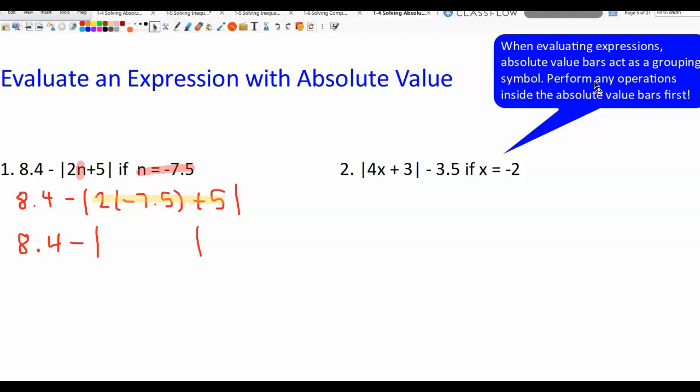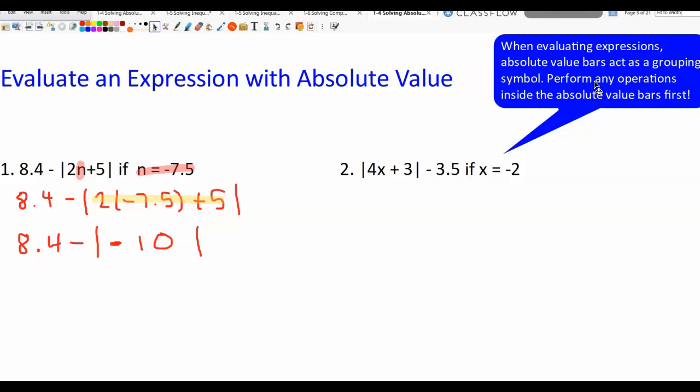So 2 times negative 7.5 would give negative 15. Negative 15 plus 5 gives negative 10. So I simplify down to a single number. Then I take the absolute value. So absolute values are not like parentheses.